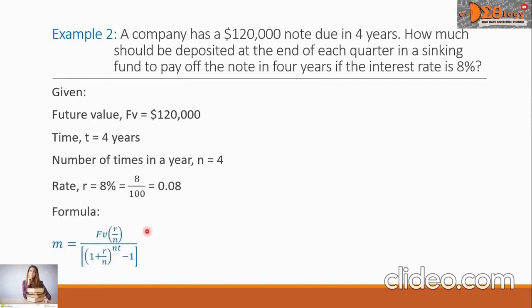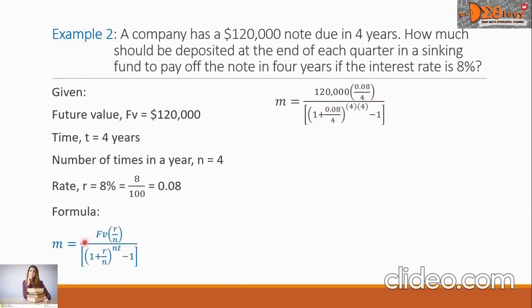Our big formula is now here. So let us now start doing the substitution. Our M equals the FV, or the future value, is now 120,000 times the fraction R over N. So this is now 0.08, that is the R, over 4, that is the N. The same fraction will come down here.